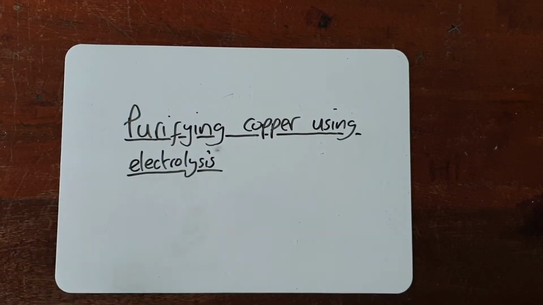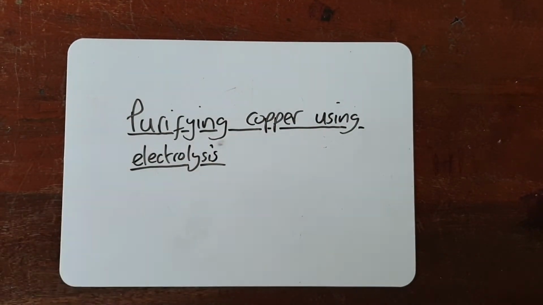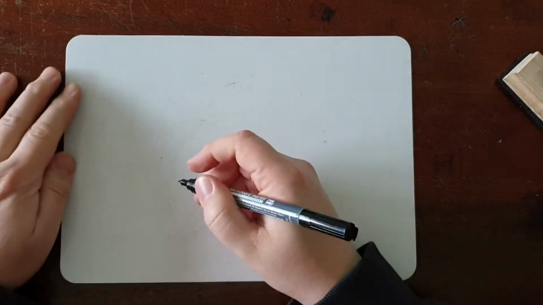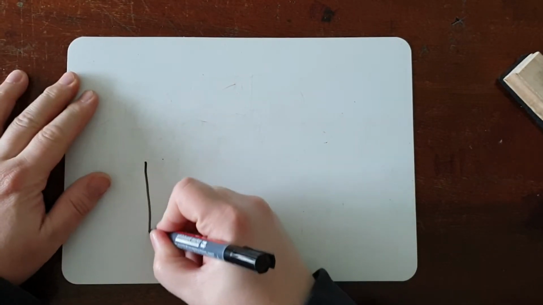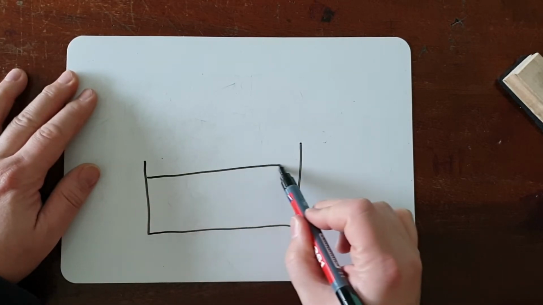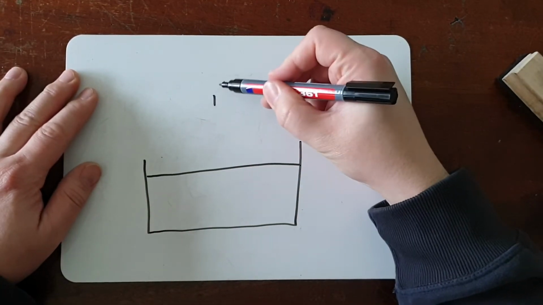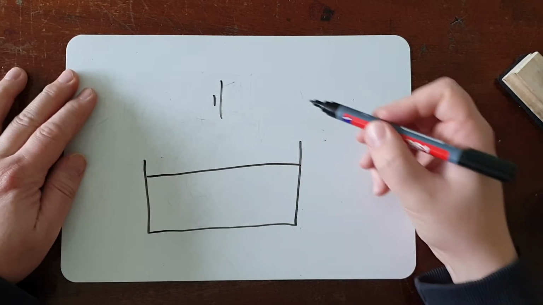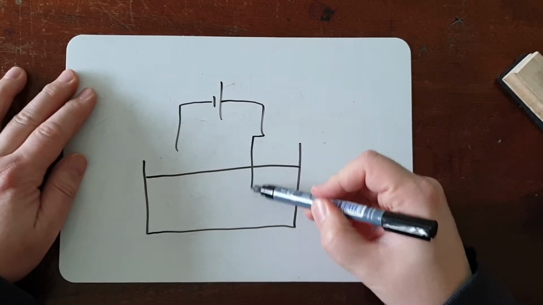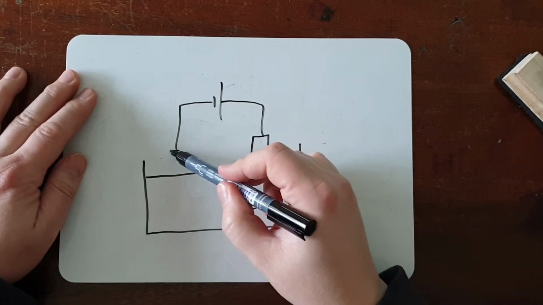What am I talking about here? One of the things to remember is when you do electrolysis, you are going to have your container. You're going to have your electrolyte, which is the liquid. You need your DC source of electricity with your wires. And then you have two electrodes.